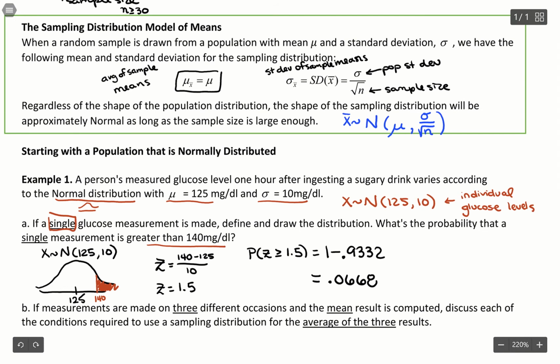So with that, we have a probability for a single glucose measurement. There would be this 6.68% chance a single glucose measurement is greater than 140.